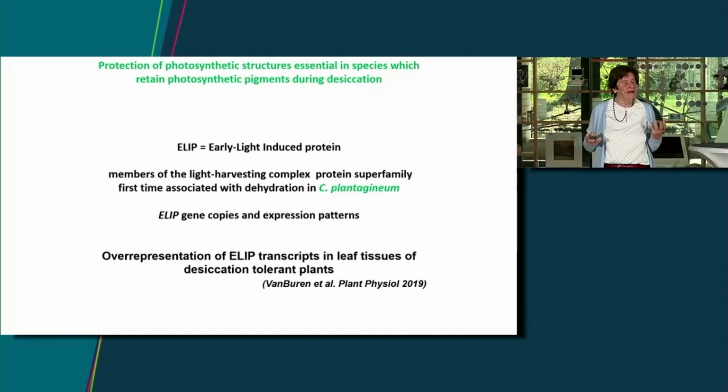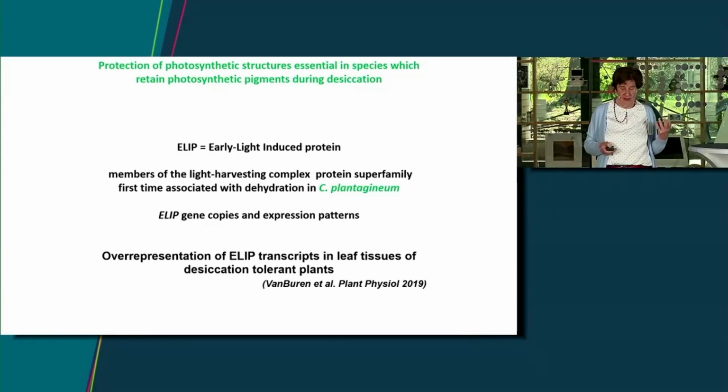And already when we studied this grass, the Oropetium, we found something quite remarkable, which I will show you. Namely, that this ELIP gene in all desiccation-tolerant plants occurs in very high copy numbers in the genome, and only in a few copy numbers in non-tolerant plants, for instance, Arabidopsis or also wheat or barley, only 2 or 3 copies.